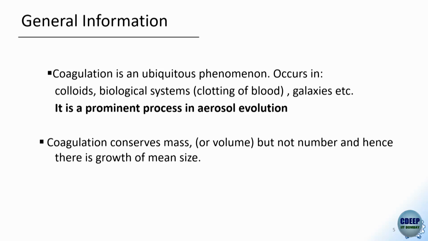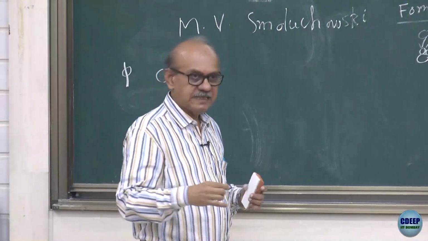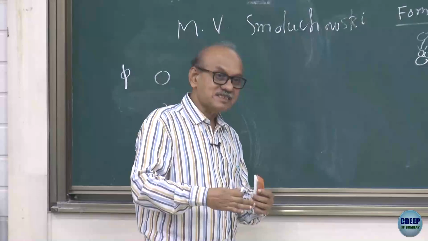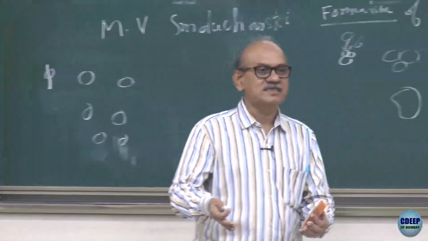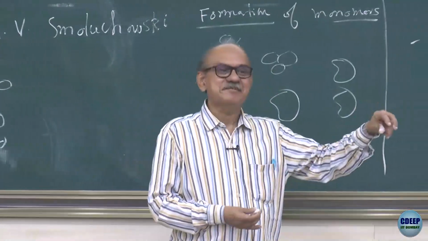And one important noteworthy fact with coagulation is that if I have a system of particles having some mass concentration, say phi, mass per unit volume, then the coagulation process conserves this mass concentration. So that is a signature.